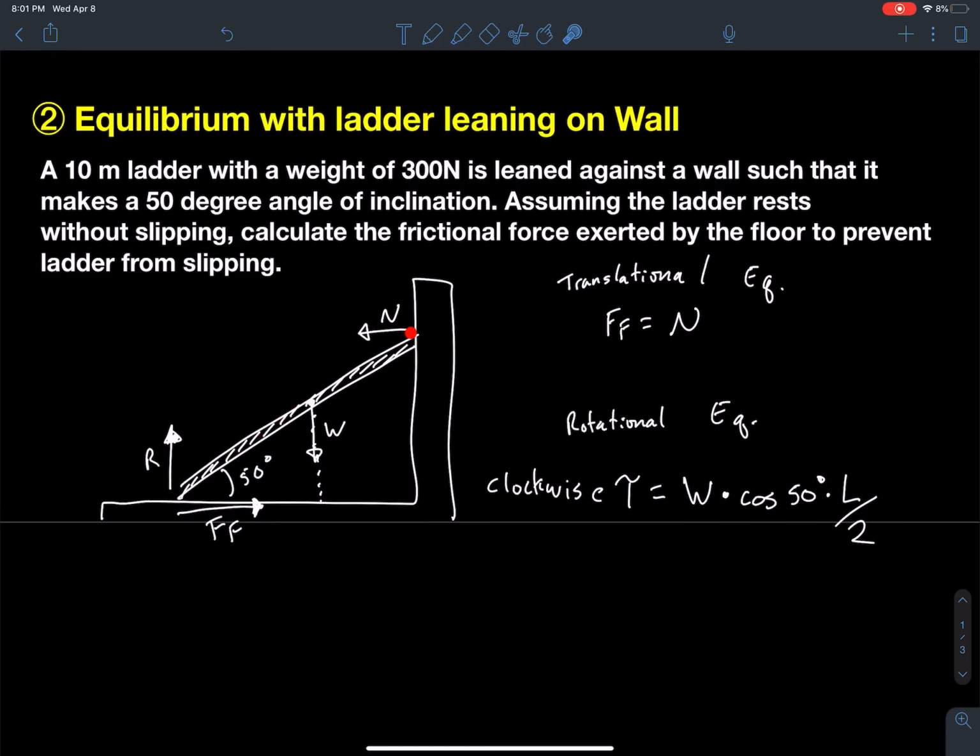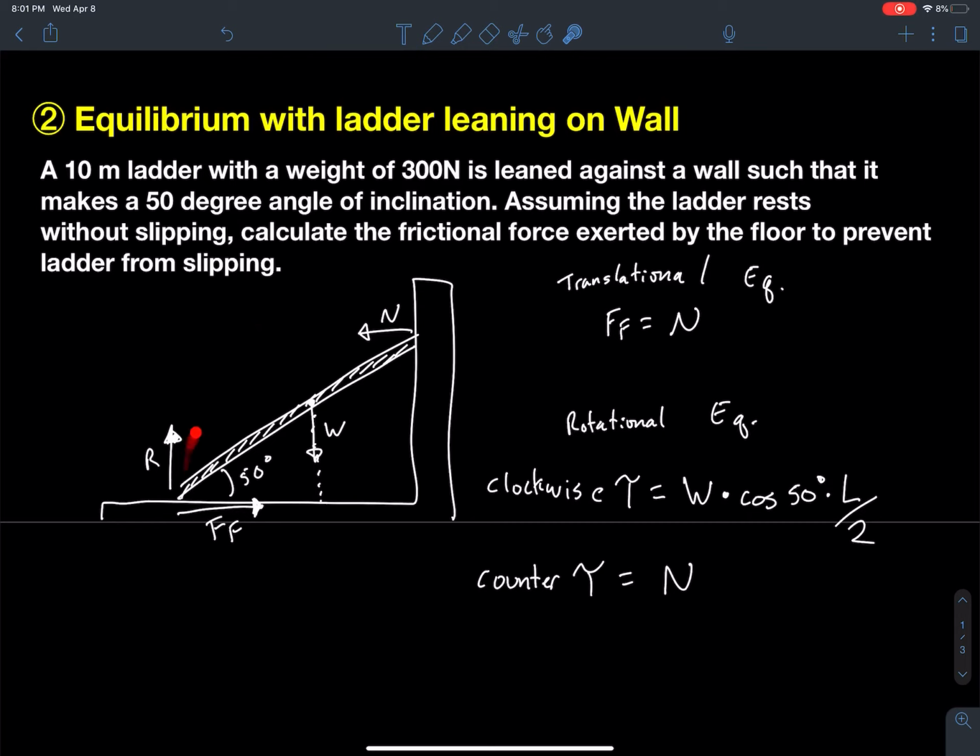So if the length of the ladder is 10 meters, then that's going to be a 5-meter point. So that should be 5 meters. The weight of the ladder, 300 newtons times 5 over 2. Then my counterclockwise torque is going to be the normal force over here times that perpendicular component.